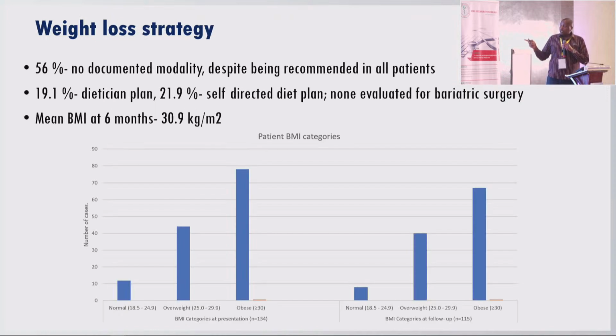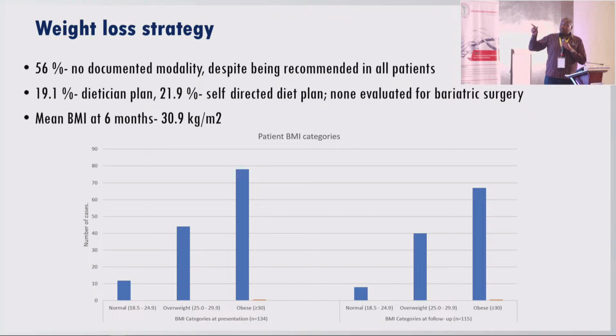So weight loss. This is a cornerstone of management. And in all patient files, that's 100%, patients were told weight loss is recommended. However, 56%, more than half, did not have a documented modality. That is, they were not told how to lose weight, how fast, and what the target is.